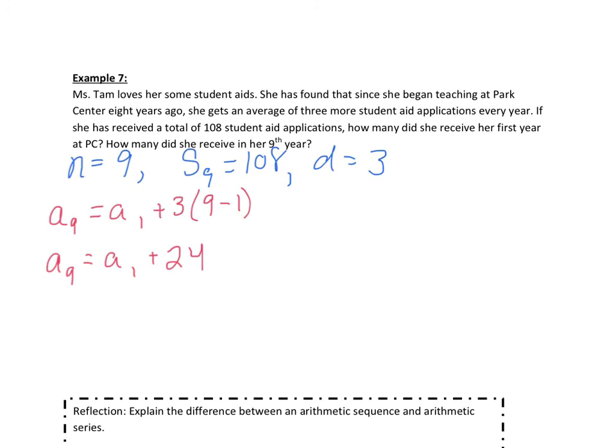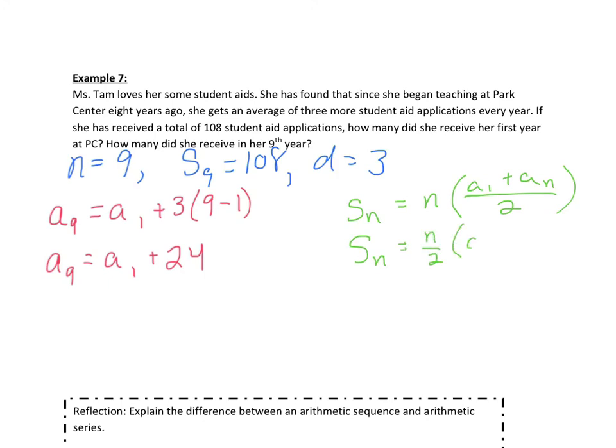Nextly, we're going to go ahead and use the sum formula, or the summation formula. So, ladies and gentlemen, S sub n is equal to n times (a1 plus an) over 2. All right? Like I said, I factored that divided by 2 out last time, and if you want, you can do that here.